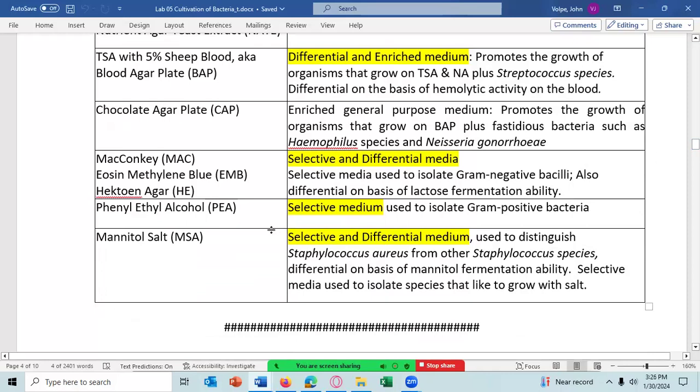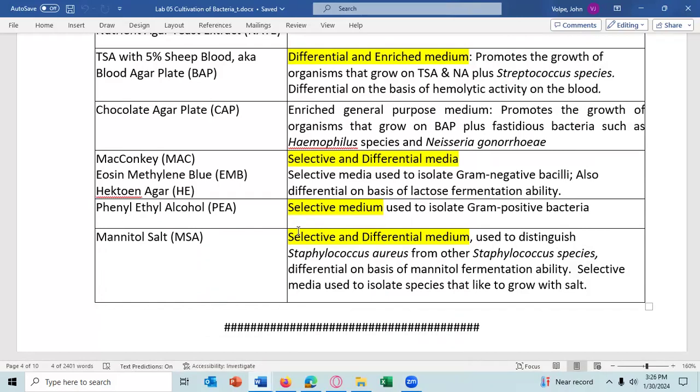All right, there's also PEA, that's phenylethyl alcohol. This is a selective media. It selects for the growth of gram-positive bacteria. It selects against the growth of gram-negatives. So if the bacteria is growing on PEA, it's likely to be a gram-positive organism.